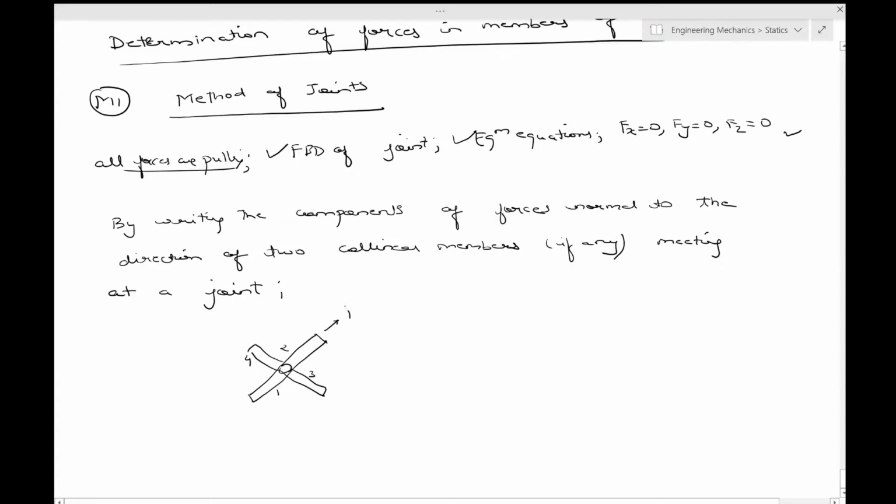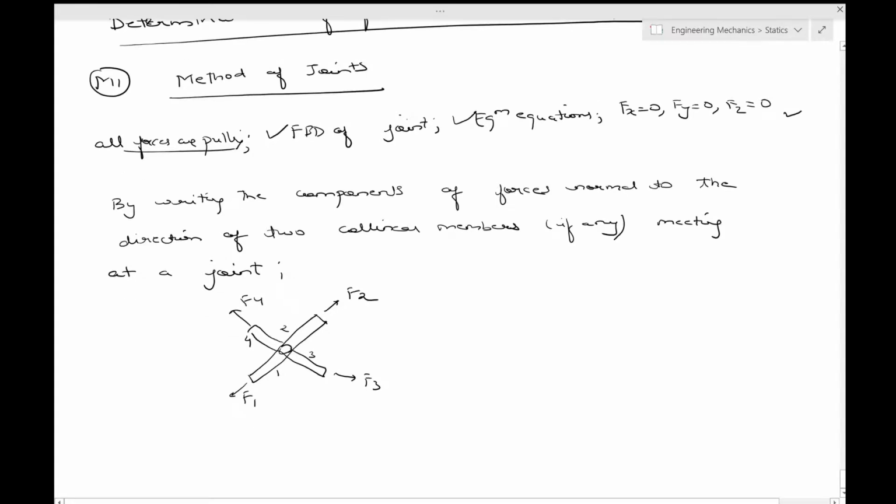So this is F2, F3, F4 and F1. Okay, so if you have a situation like this, then by writing the components of forces normal to the direction of two collinear members, if any, meeting at a joint, you can say that if two pairs of collinear members meet at a joint where there is no load applied, then the forces in collinear members are the same.